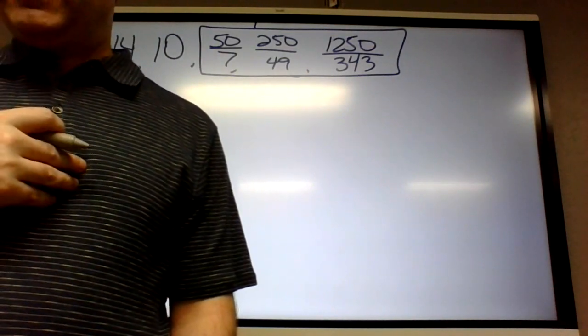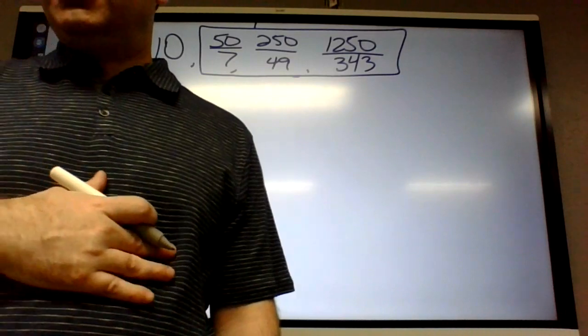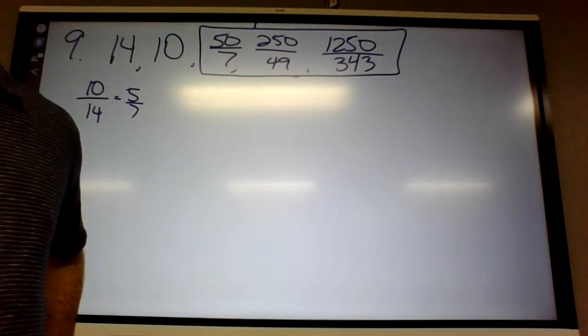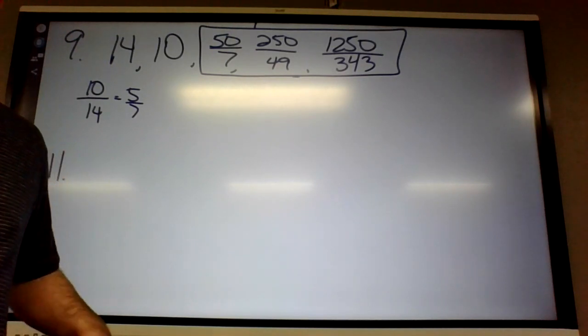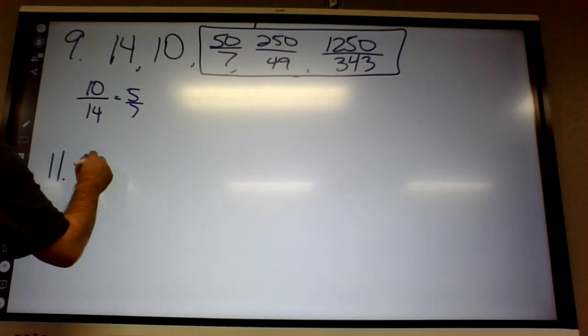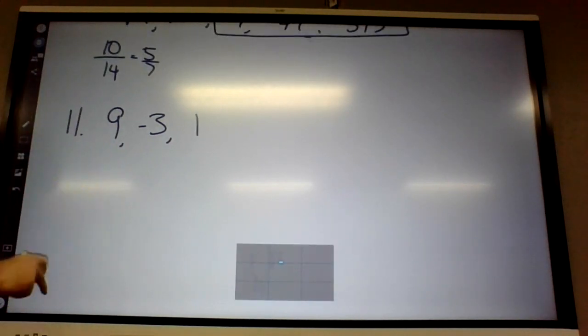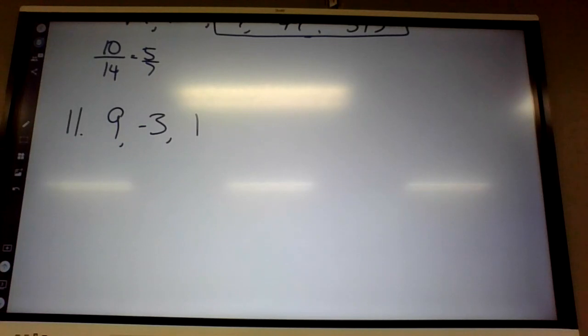All right, number 15. Write an explicit formula. You guys remember? Oh wait, I skipped 11. Write a recursive formula for number 11: 9, -3, and 1. Okay, so the first thing we need to do is find the pattern. What are they multiplying by over and over again?